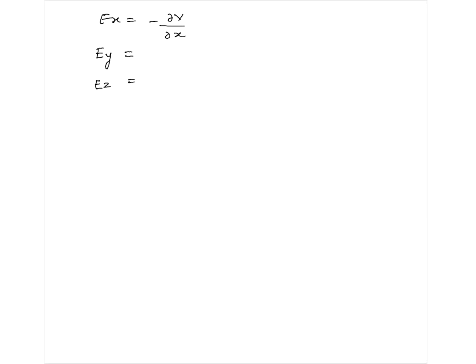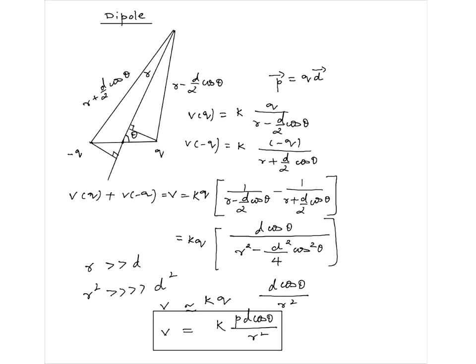Sir, in the previous board, why have we assumed that R has to be much greater than D? That's the case most of the times. So that's why we are doing it. If it is not so, then we can't make approximations, but we can solve any problem using this method.